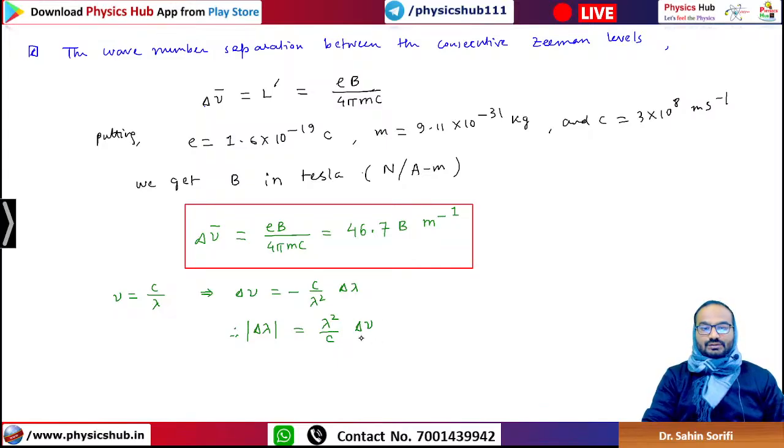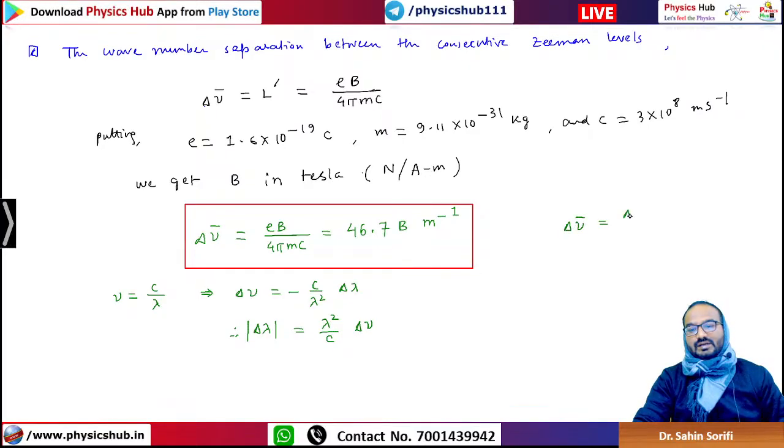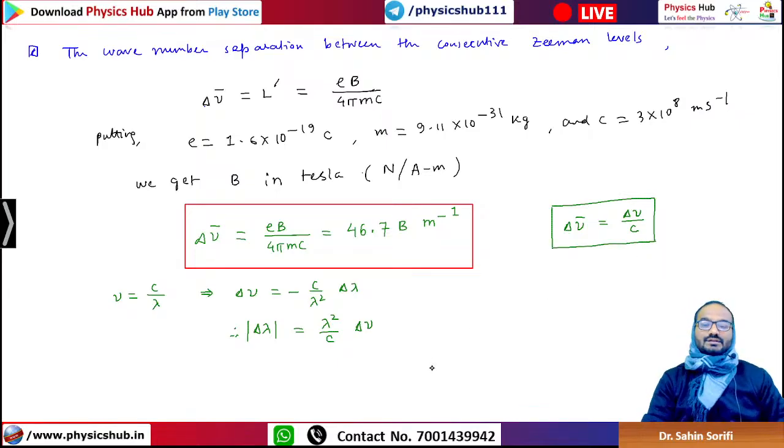When we talk about wave number, delta nu bar is nothing but delta nu by C. So when you divide by C, we get the wave number. So it is nothing but delta lambda by lambda square. Try to understand the difference.